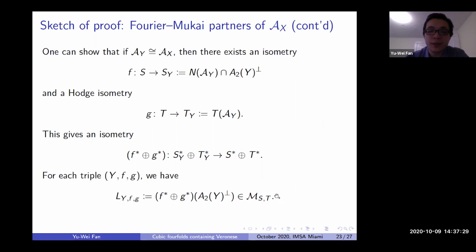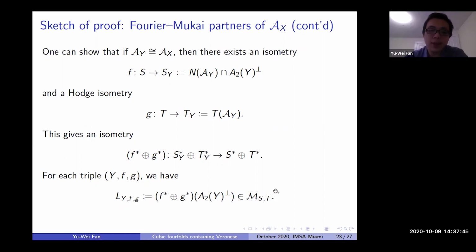So the point is that for any Fourier-Mukai partner Y and any such isometry F and G, this triple will induce an element in MST.